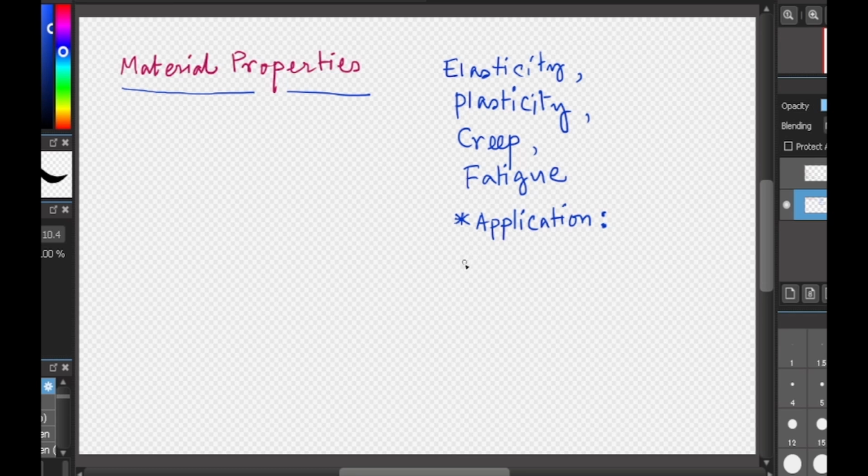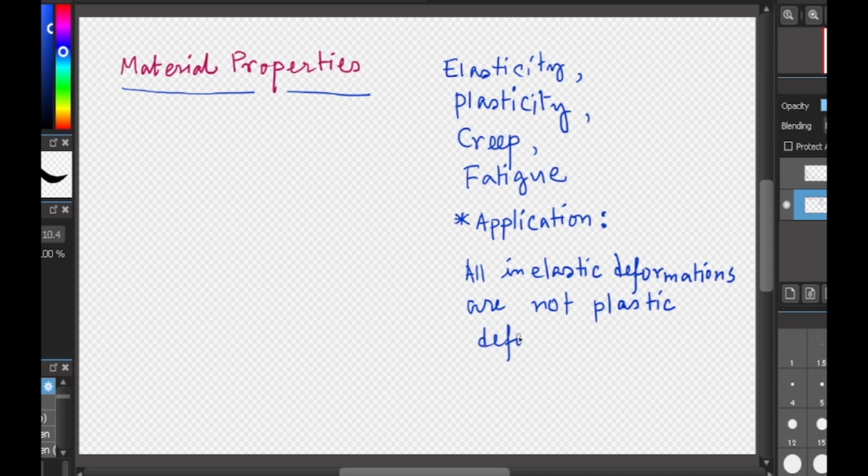Please remember, all inelastic deformations are not plastic deformations. Okay, so please remember that.